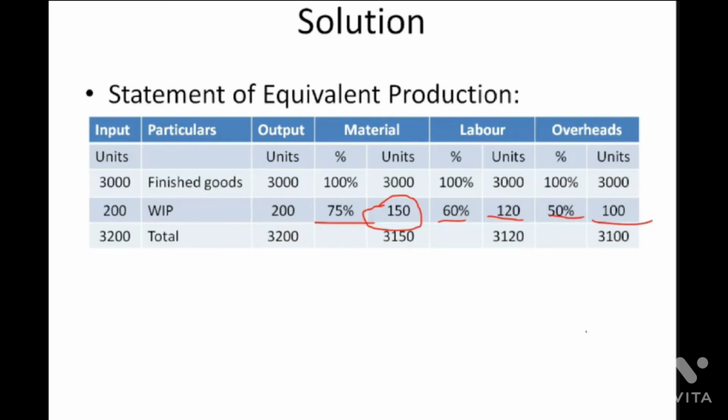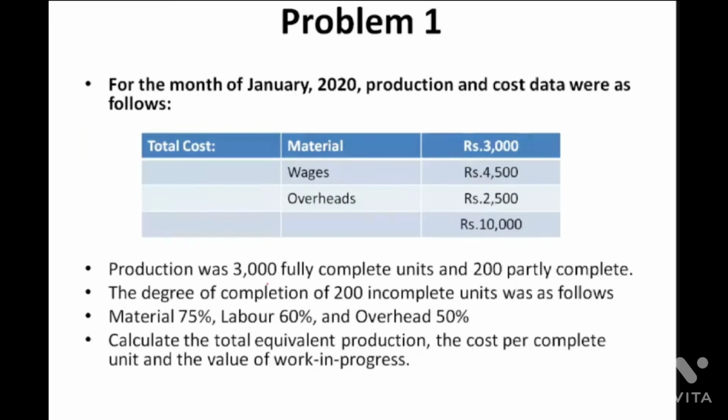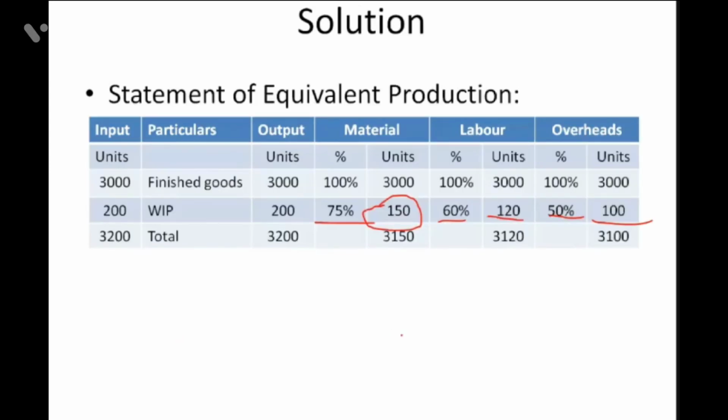Getting it? How are these percentages determined? These percentages are given to you for material, labor and overheads: 75%, 60% and 50%. The total output is 3200. From the material point of view it is 3150, from the labor point of view it is 3120, and from the overhead point of view it is 3100. So these are the equivalent production.